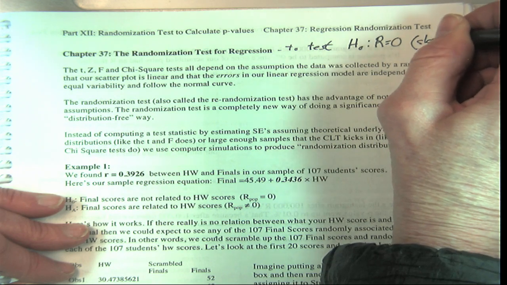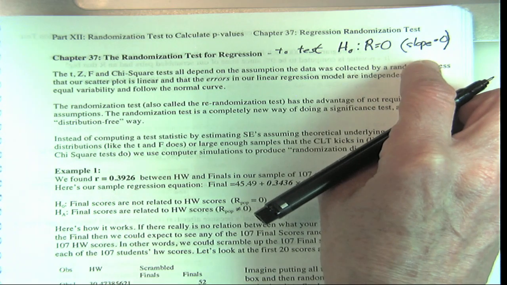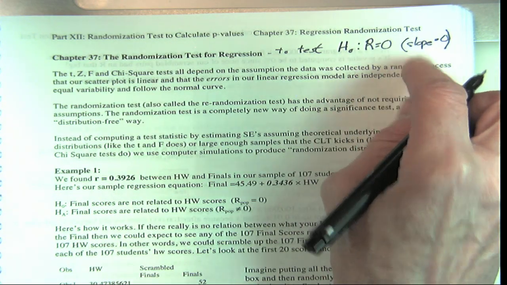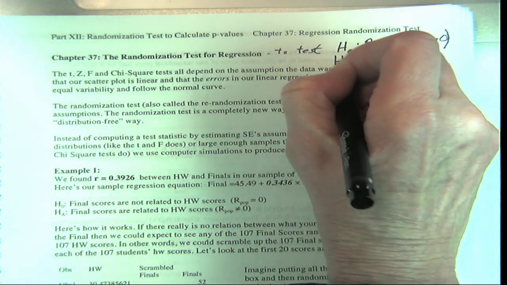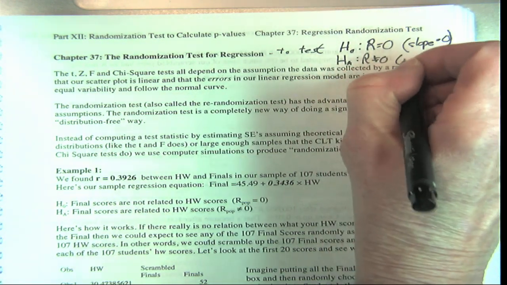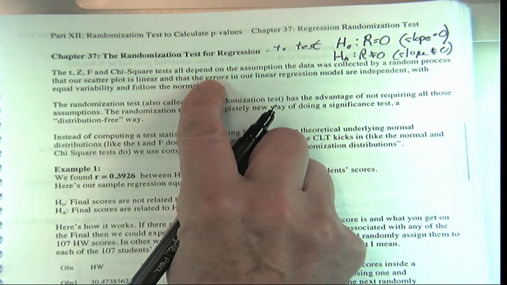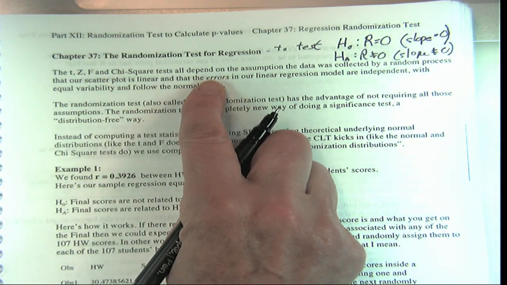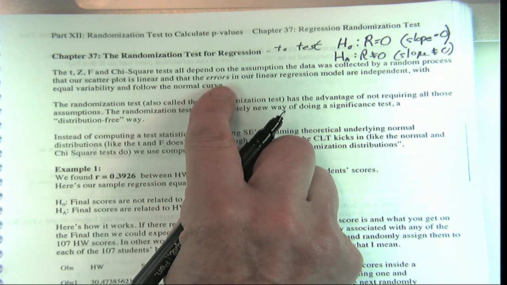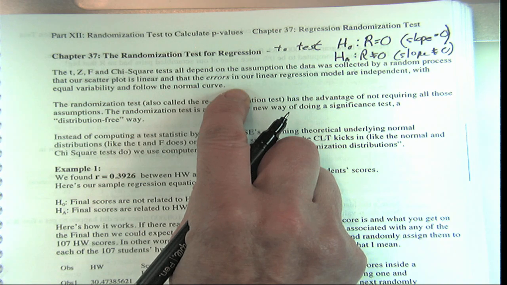We're going to first look with just one slope, and then we're going to look at multiple regression with more than one slope. All right? And it's to test that against the alternative that r is not equal to 0, same as the slope is not equal to 0. So, remember, these tests that we've been doing are called parametric tests because the parameters depend on defining the distributions that the samples come from.